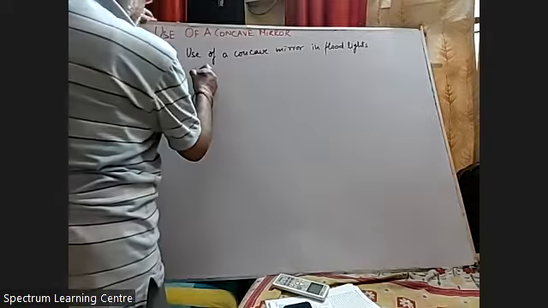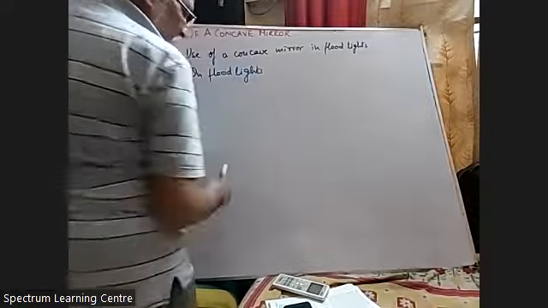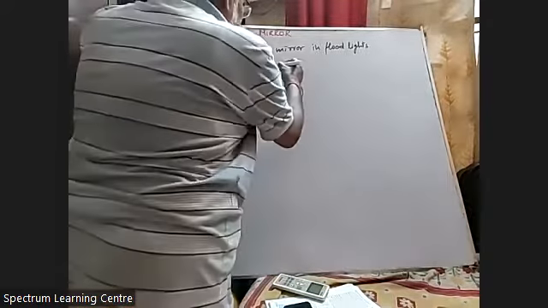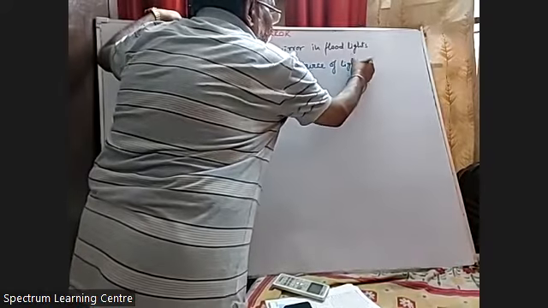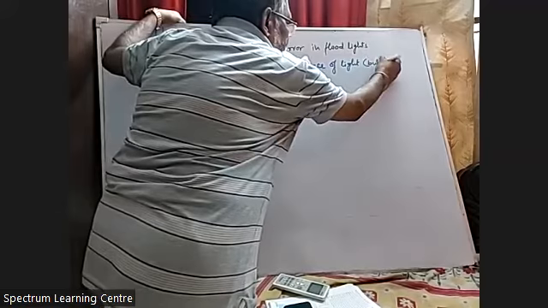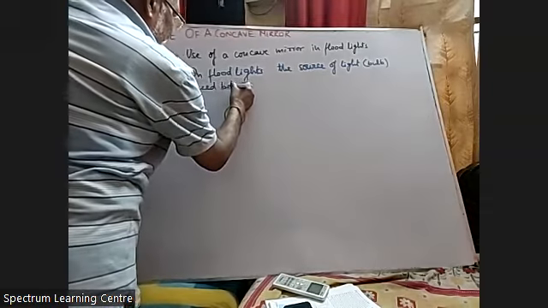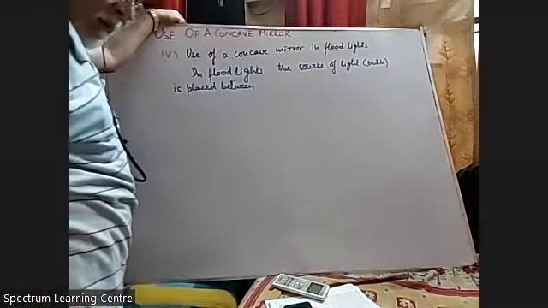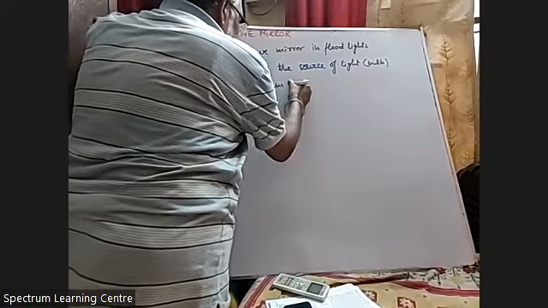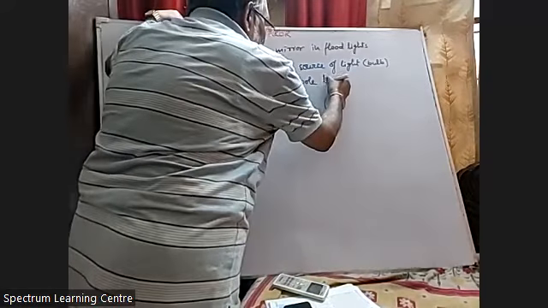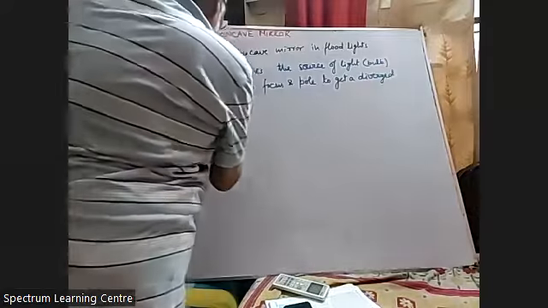So in floodlights, the source of light, say a bulb, is placed between focus and pole to get a diverged beam.